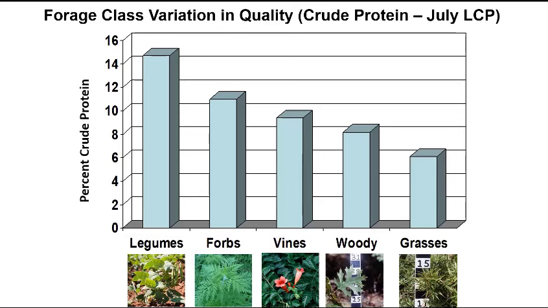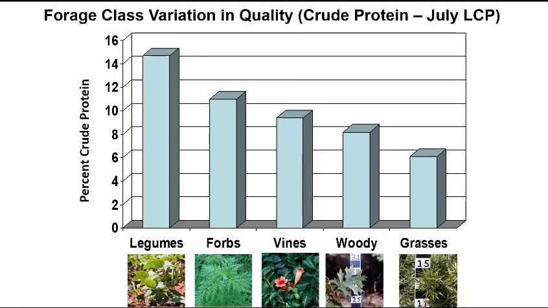Legumes in July are around 14 to 15% crude protein. Forbs are only 10 to 11% crude protein. Woody vines, like this trumpet creeper in the photo below it, are around 9% crude protein. The leaves of upright woody plants are even lower still, around 8% crude protein, and then grasses are way lower at around 6%.